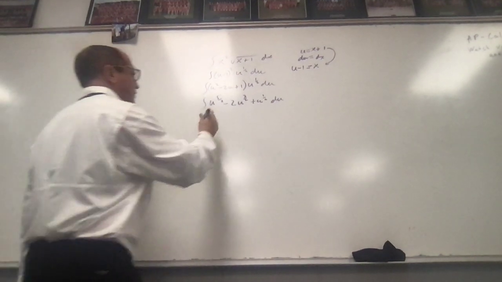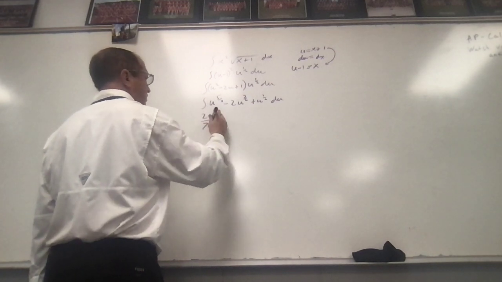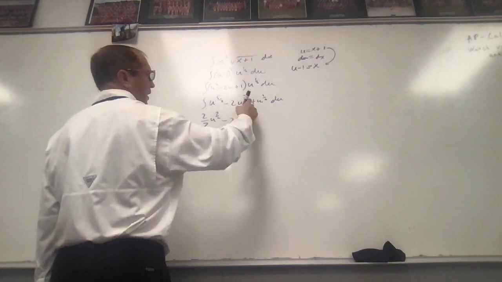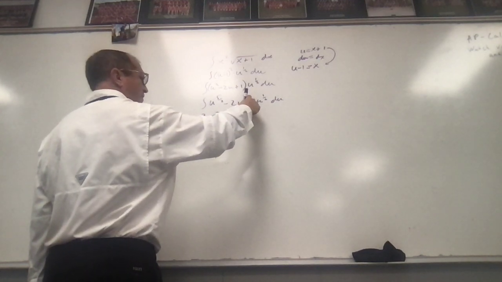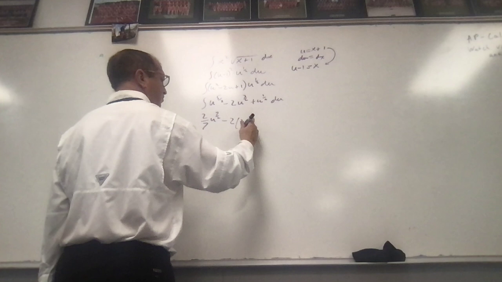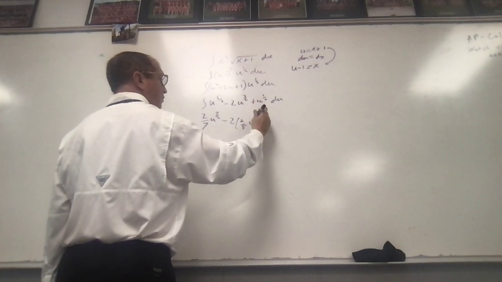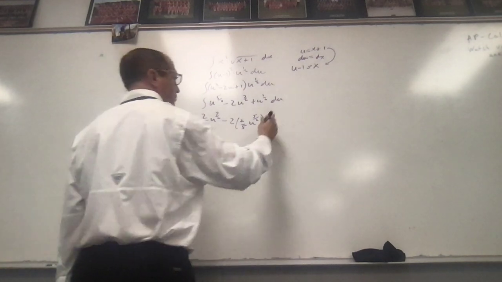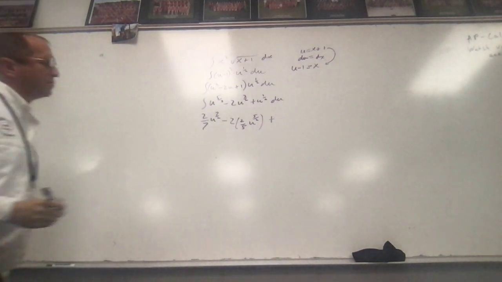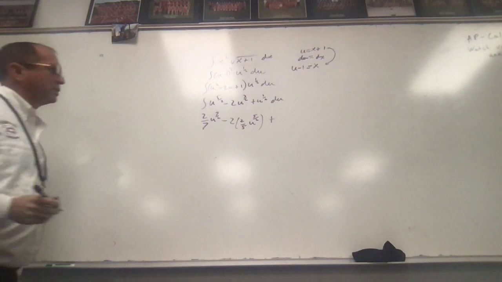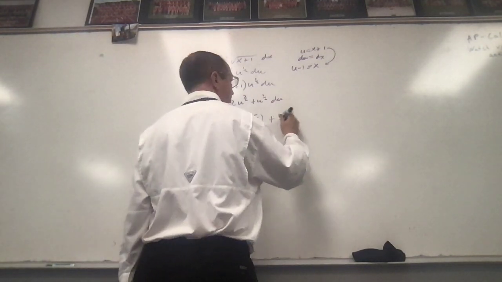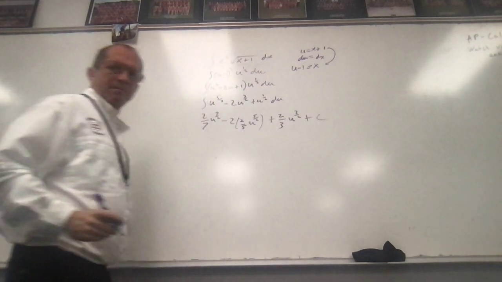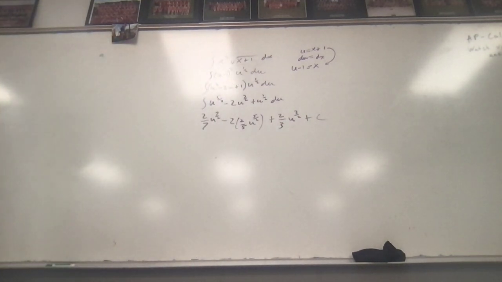Okay, so this is 2/7 u to the 7/2 minus 2 times, this would be 5/2, so 2/5 u to the 5/2, and then plus 2/3 u to the 3/2, and then plus my constant. Are we still good?